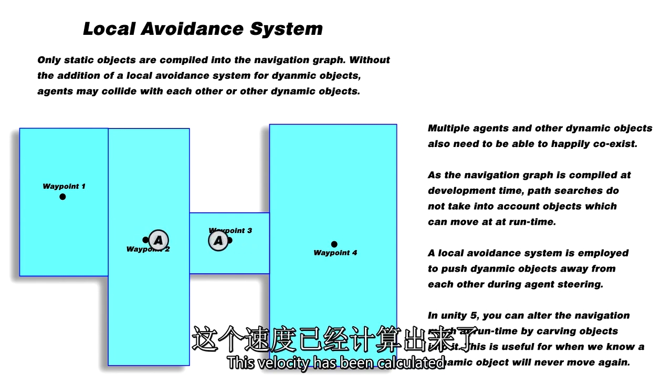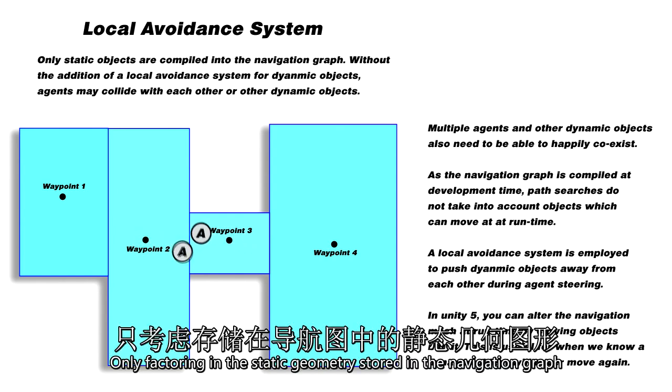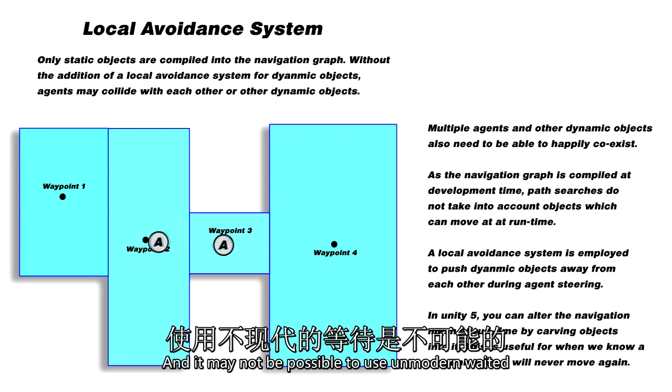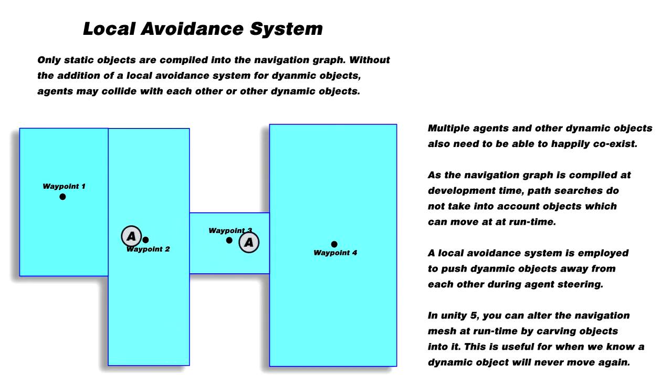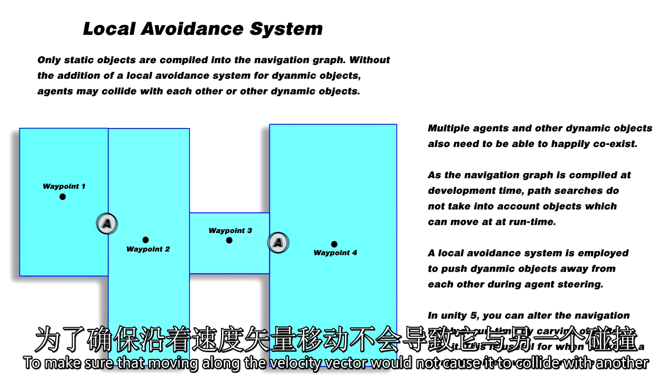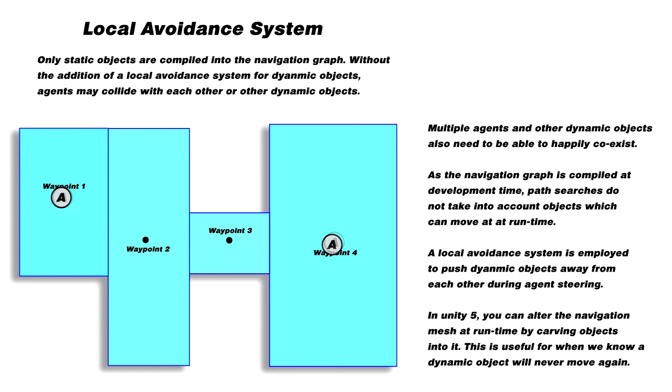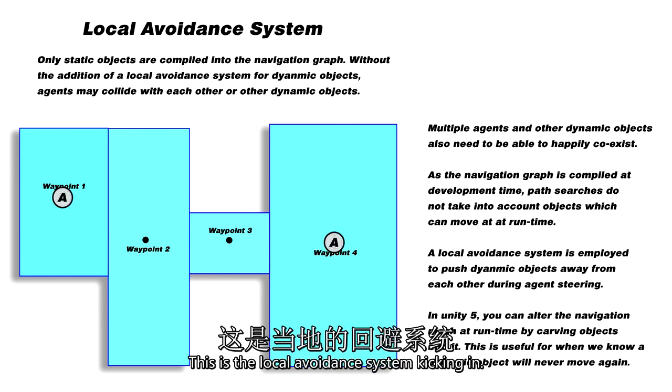However, this velocity has been calculated only factoring in the static geometry stored in the navigation graph, and it may not be possible to use unmoderated. A further check is made to make sure that moving along the velocity vector would not cause it to collide with another agent or dynamic object. This is the local avoidance system kicking in.